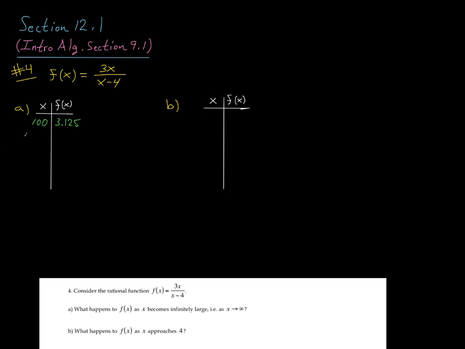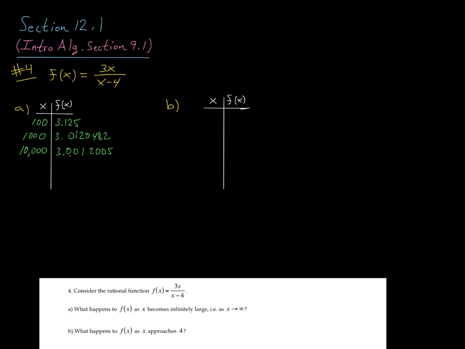Now if I go ahead and plug in, say, 1,000, this turns out to be kind of a messy number, but it's about 3.0120482. So just a little bit above 3. If I did, say, 10,000 for x, so getting even bigger, the output would be 3.0012005.